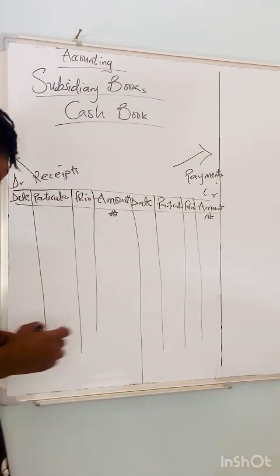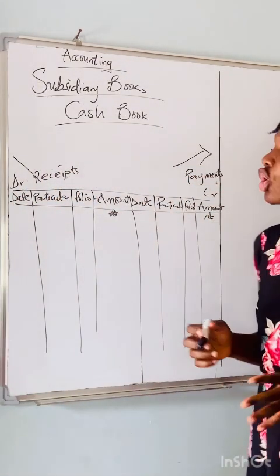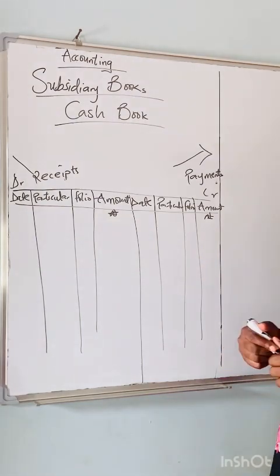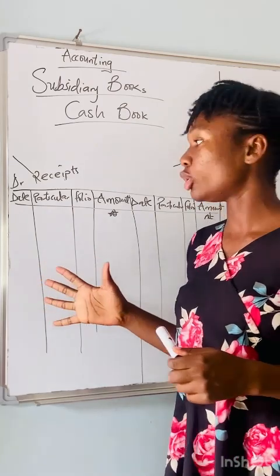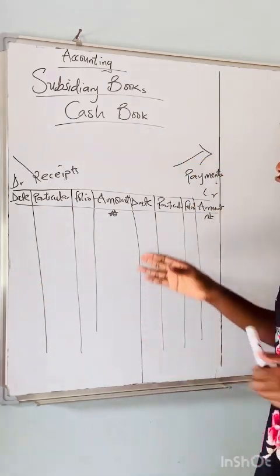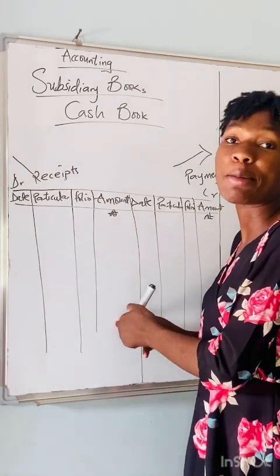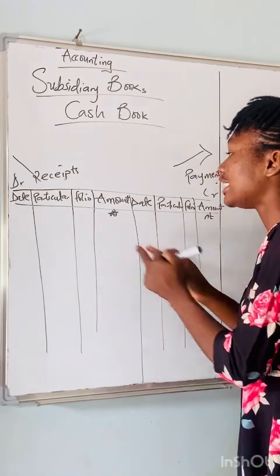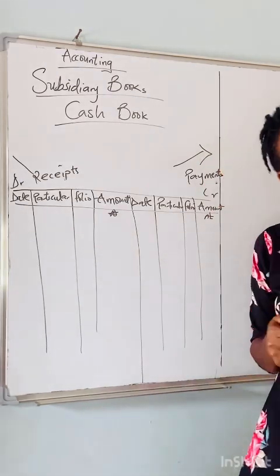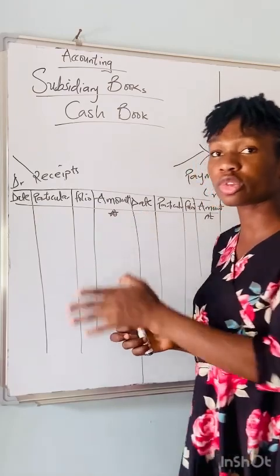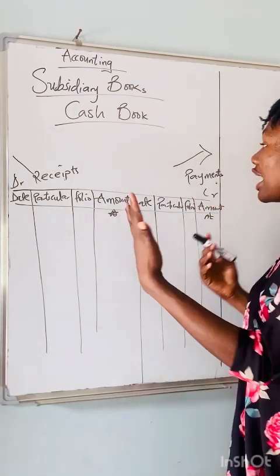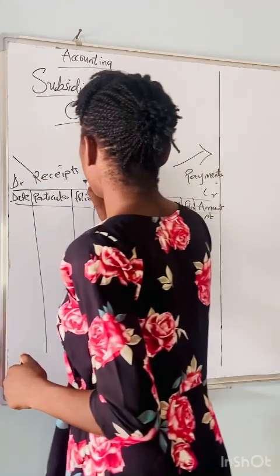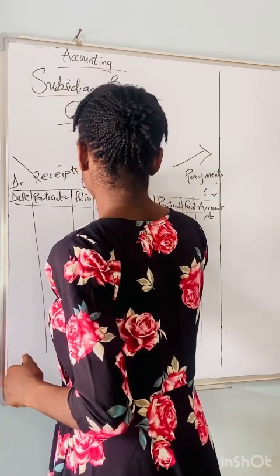The format I just showed is what we call the single column or the one column cash book. One column in the sense that only one column is given for amount. Now in our double column cash book, we'll be having two columns for amount. We'll be looking at that in our next video. This is our cash book format, and it's a one column cash book.